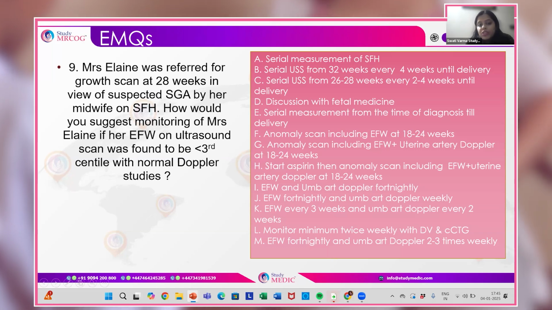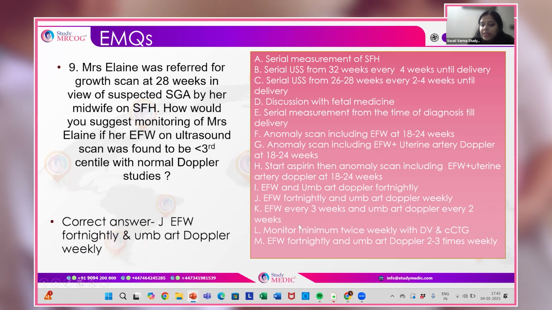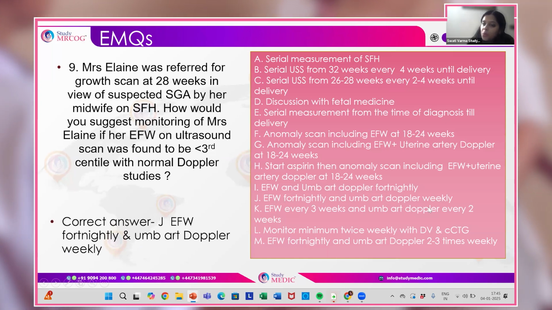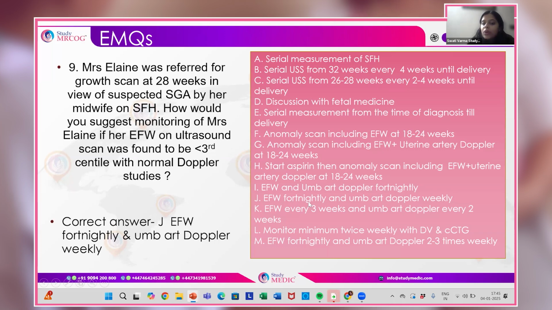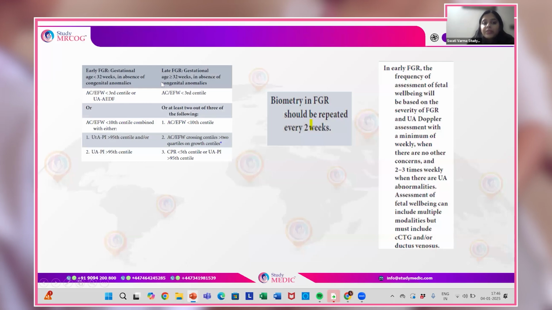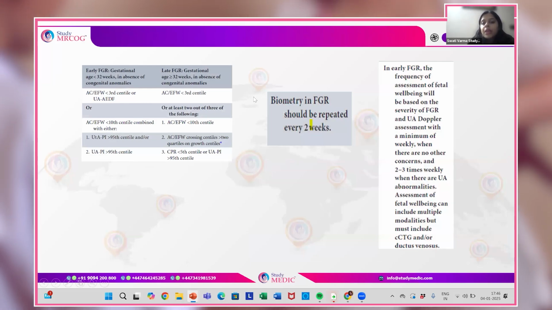So how to monitor FGR? We will monitor FGR with EFW to be done fortnightly and umbilical artery Doppler to be done weekly. Okay. So umbilical artery Doppler weekly and EFW fortnightly is the ideal monitoring regimen, especially for early FGR cases. So you should be very clear, first of all, what is early FGR, what is late FGR.